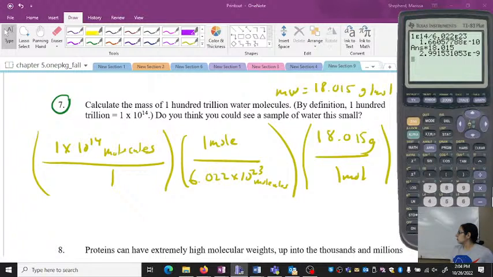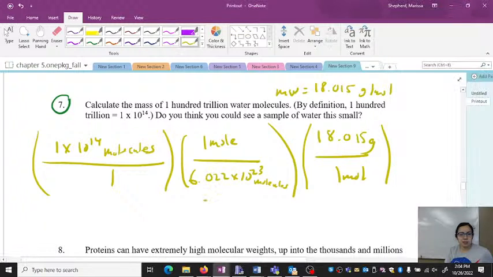For this, what would the significance be? Because I always like the 100 trillionths. Would it just be 1? Yeah. So they didn't give us too much to work with, so I guess we have to round it. Yeah, 3 times 10 to the negative 9 grams. And so do we think we could see a sample this small?